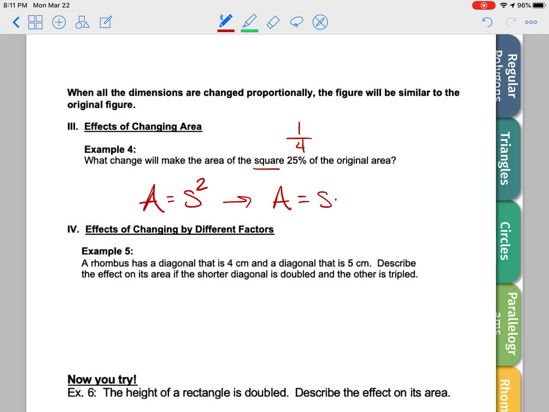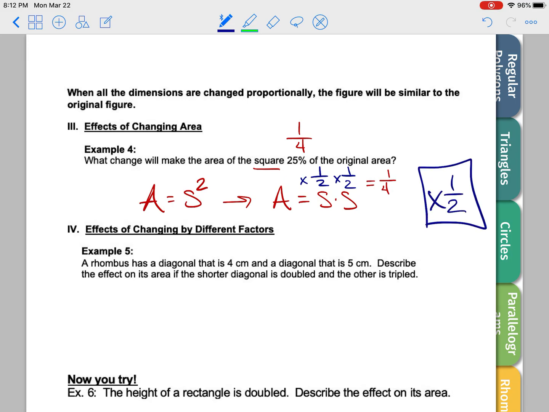So we will say area equals side times side. We're trying to figure out what would make that equal 1/4, not 1/2. So what times itself would give you 1/4? Well, if I multiply 1/2 times 1/2, that would equal 1/4. So we would know that the change that we would have to make would be to change the dimensions by 1/2.